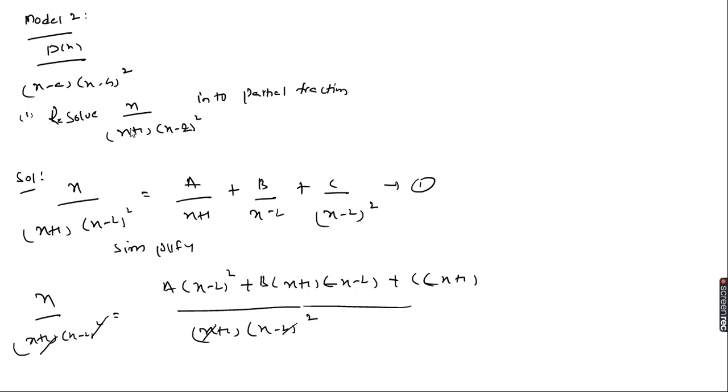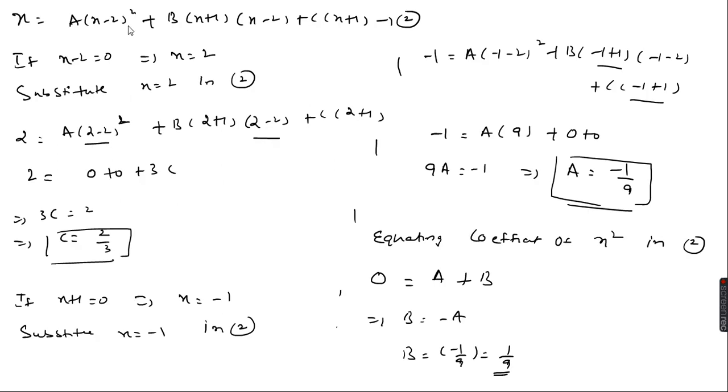If there are 3 factors, take 3 arbitrary constants a, b, c: a by the first factor (x plus 1) plus b by the second factor (x minus 2) plus c by (x minus 2) whole square. And we simplify by taking the LCM, (x plus 1) into (x minus 2) whole square.